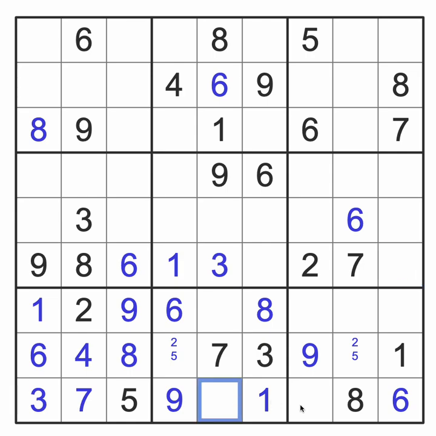These are 2 and 4. This row is missing 2 and 4, and 2 is here, so this becomes 4, and this is 2, which makes this cell 5. That makes this cell 2, and the last number of this box is 4.